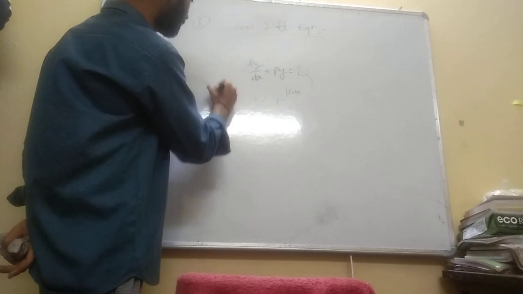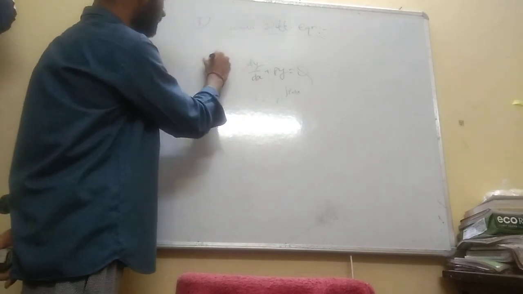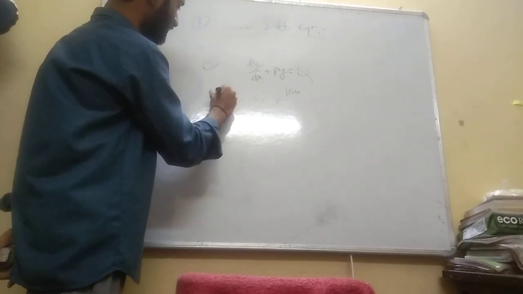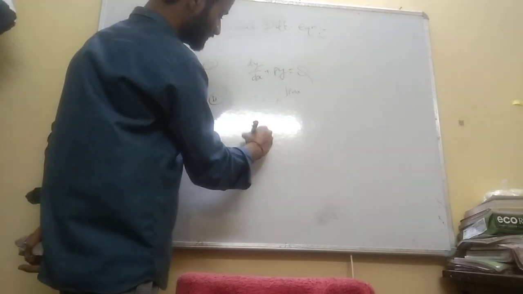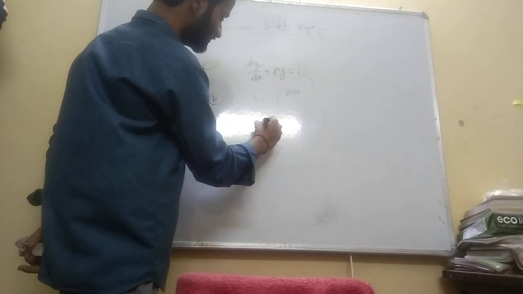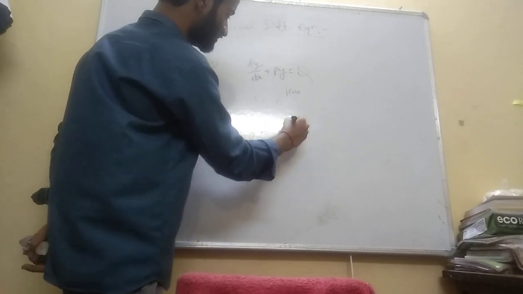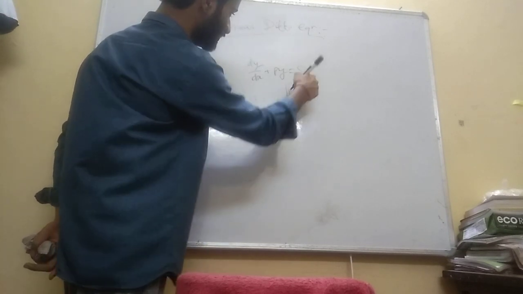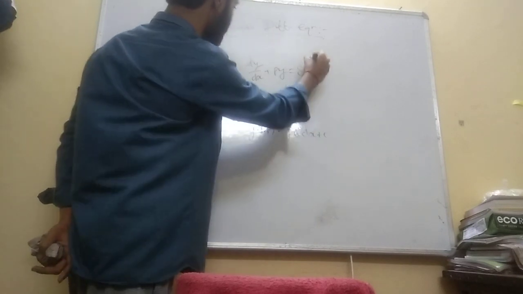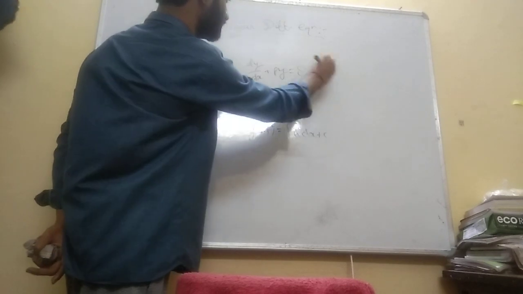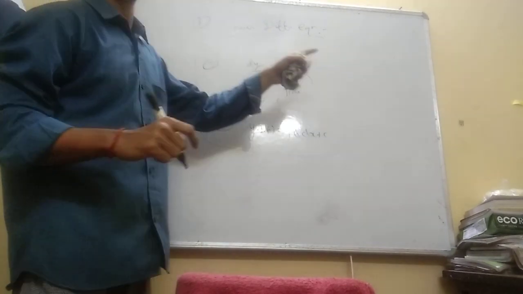The first step is this, the second step is this, and the third step is we put the value here: y times the integrating factor is equal to the integral of Q times the integrating factor dx plus c. Actually, this is the method for the linear differential equation.